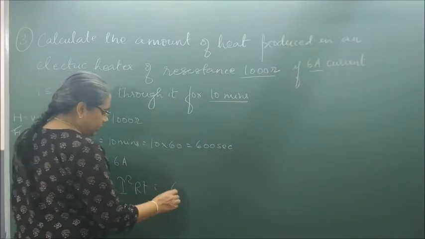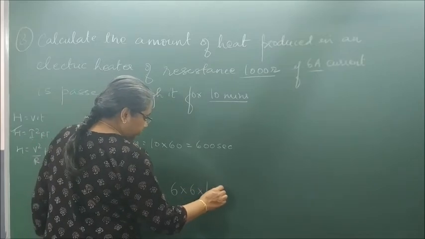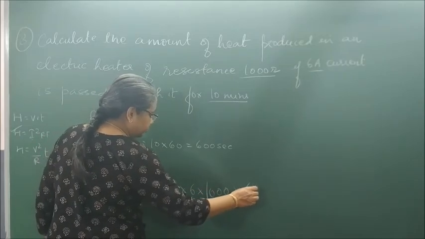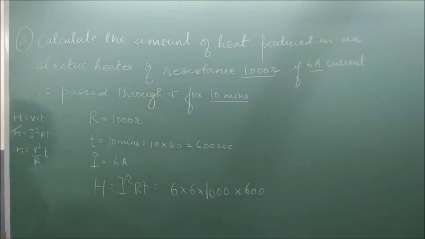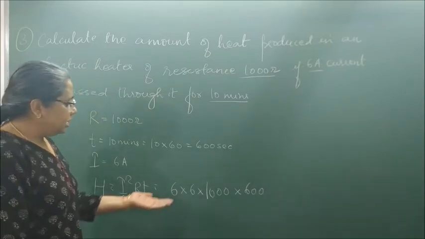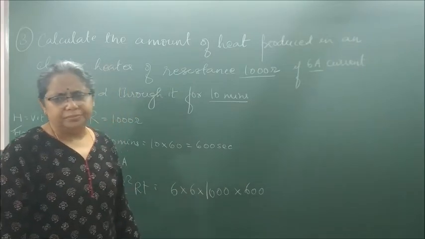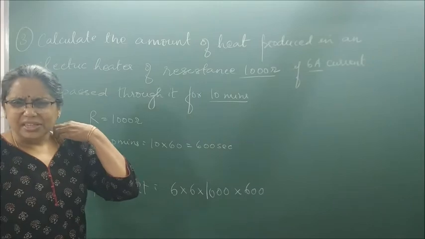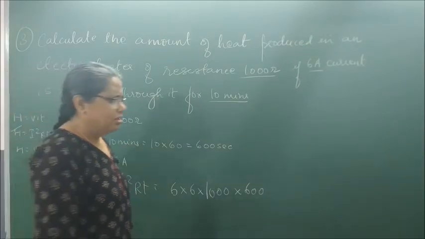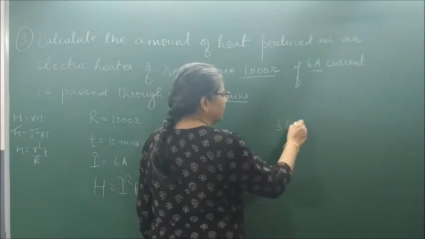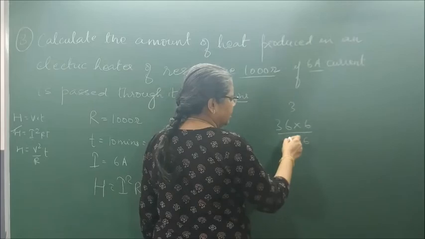So I is 6, so 6 into 6 into 1000 into 6. 6 sixes are 36. 36 into 6 is 216.